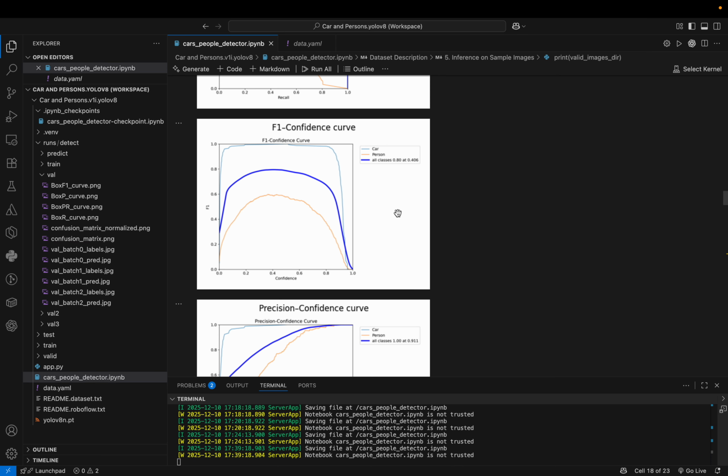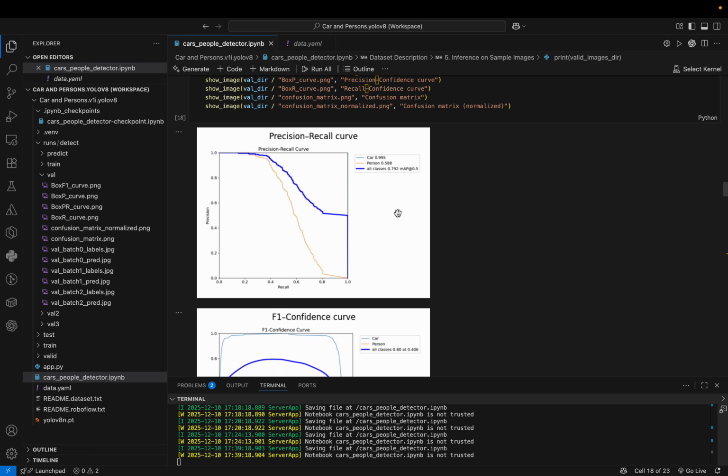With the precision recall curve, the car class has a precision recall of 0.99, which is 99%, meaning the class is nearly perfect for the precision and recall.